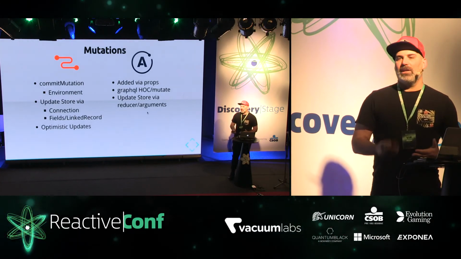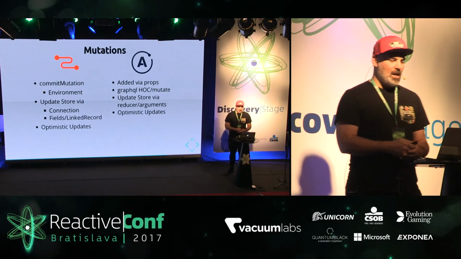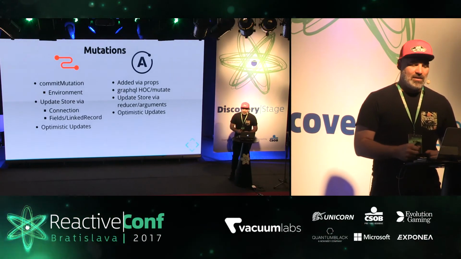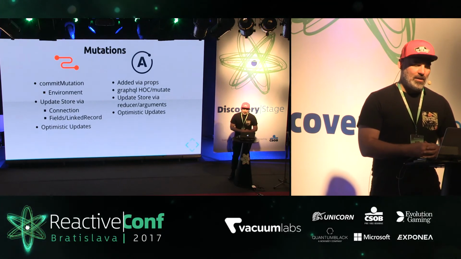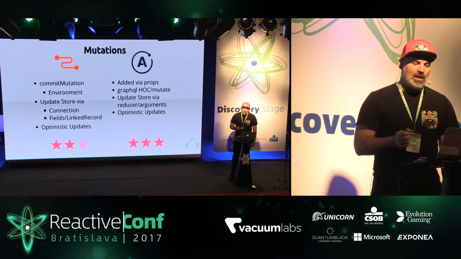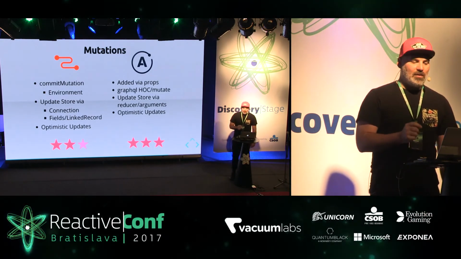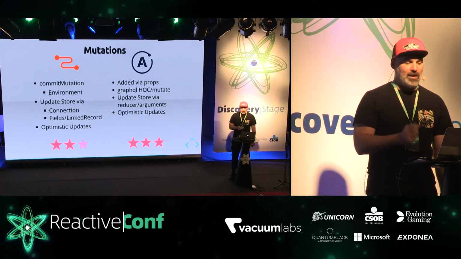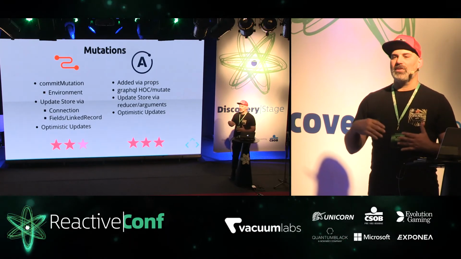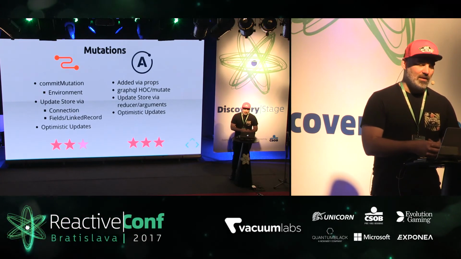And this is also familiar if you are using Redux in your team. It also handles optimistic updates, so that's paired with Relay Modern. And I'm going to rate Apollo Client slightly better because I think that the approach is a little bit easier when running the mutations. It also follows the same approach with queries, so it makes it a little bit easier.